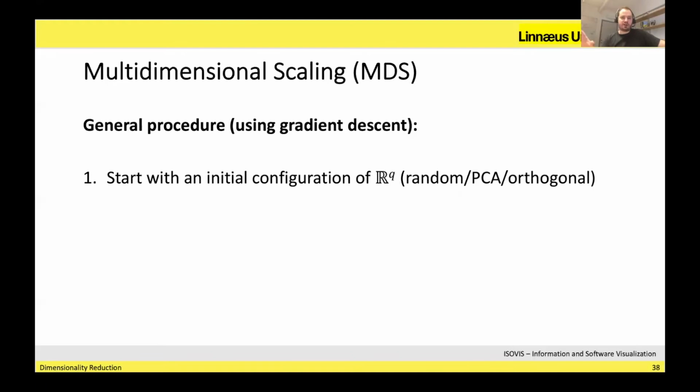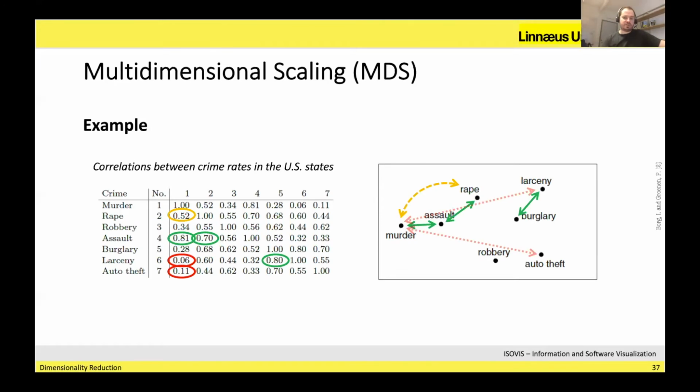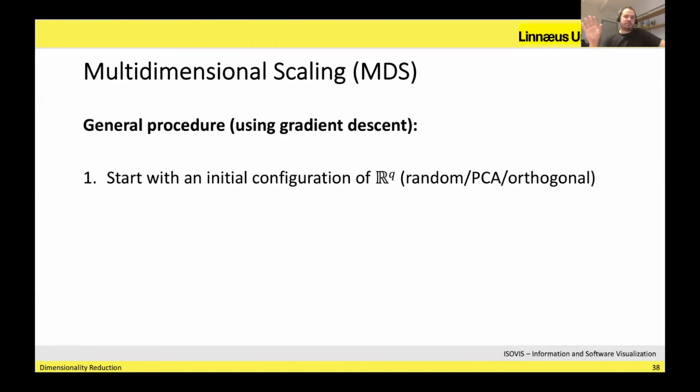You just start with an initial random configuration of points in the low dimensional representation that you're looking for. In this case, we had a 2D representation, so we would start with some random points in a 2D plane, or some other form of initial configuration. Doesn't matter. This is just the initial guess of the gradient descent.